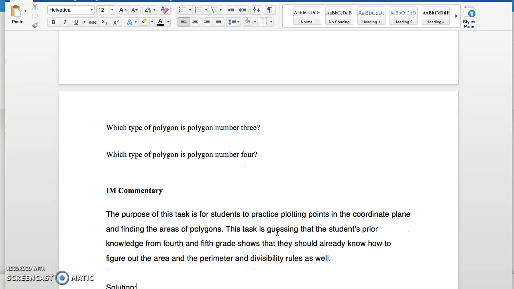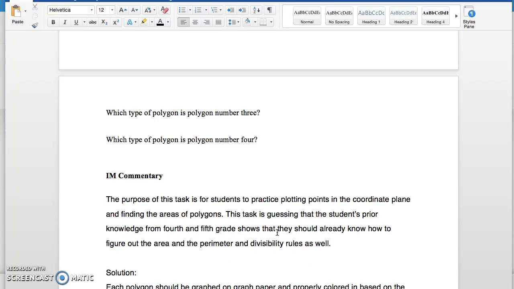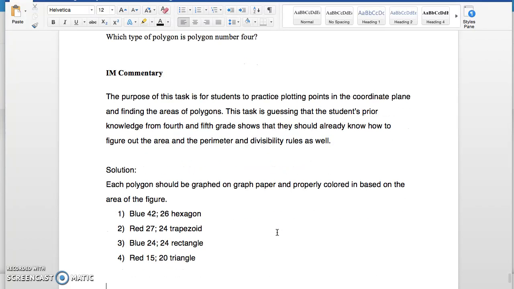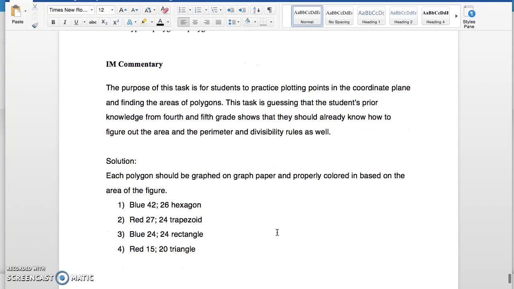So the purpose of this task is for students to practice plotting points in the coordinate plane and finding the areas of the polygon. This task assumes that the students' prior knowledge from 4th and 5th grade shows that they should already know how to figure out the area and the perimeter and divisibility rules as well. So these are the solutions, area and perimeter, what you should have colored them, and what type of shape it is.